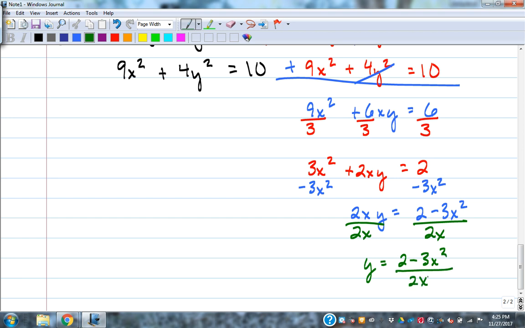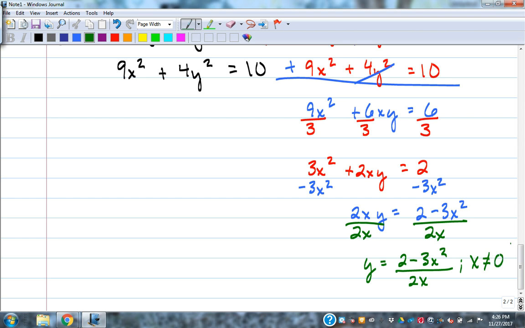And that's kind of crafty to do that. But by being crafty, I've got to put this stipulation in here that x cannot be what number? What's the only number that would mess up the denominator here? 0.